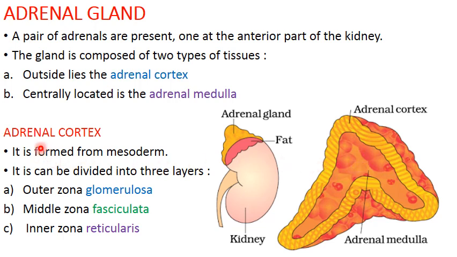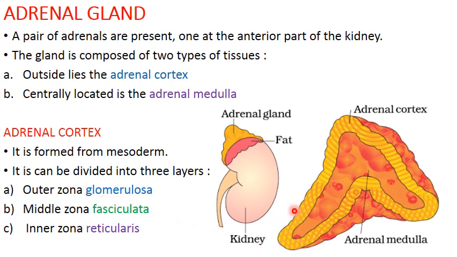So now coming to the outer adrenal, that is adrenal cortex. So what we said just now, कहाँ से form होता है? Mesoderm से. And this adrenal cortex can be divided into 3 layers. कौन सा है? Outer zona glomerulosa.